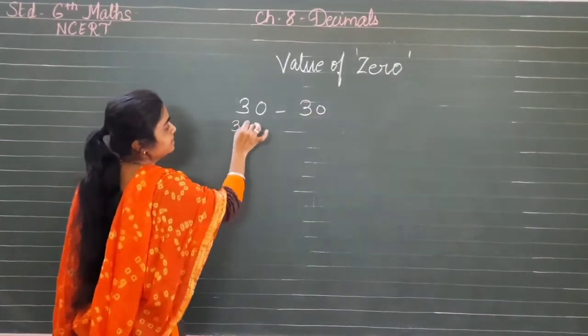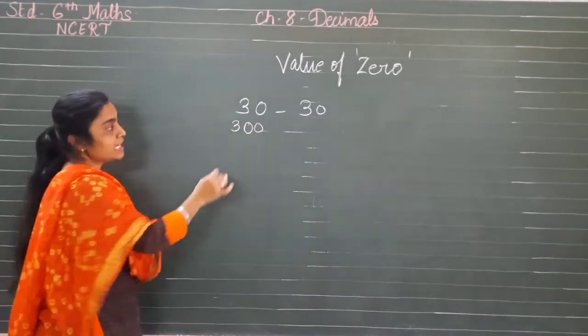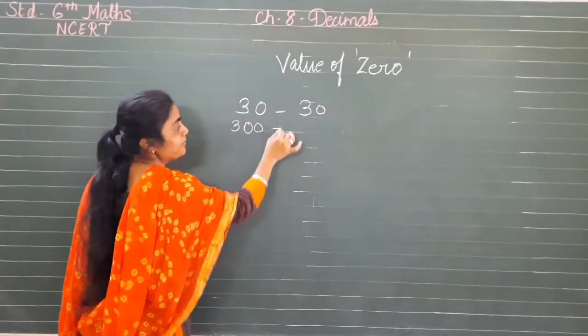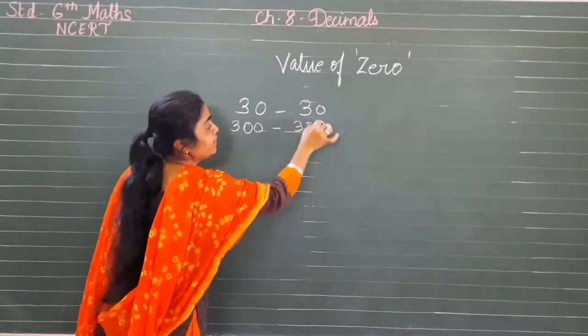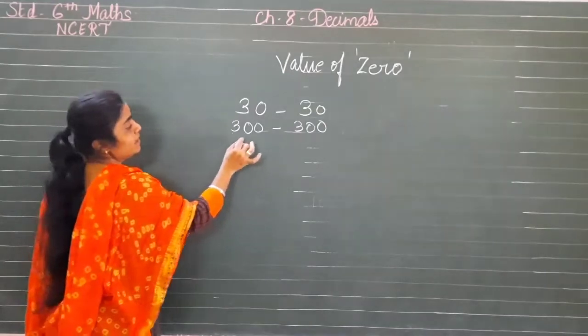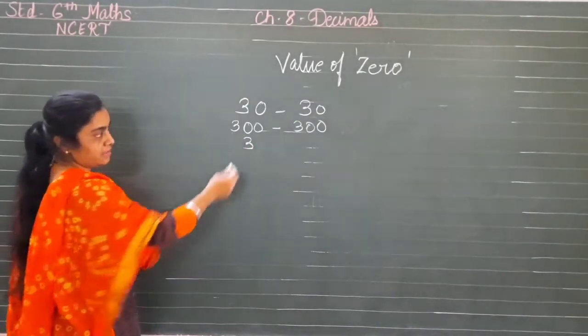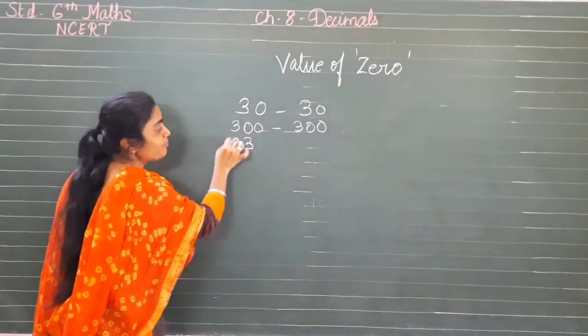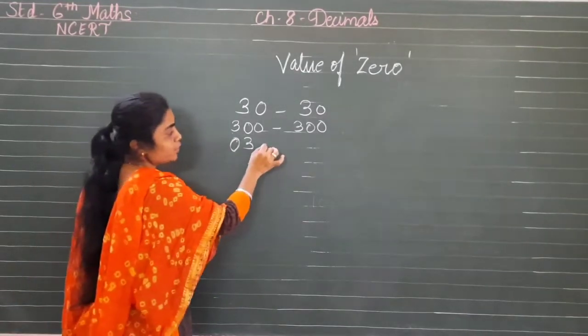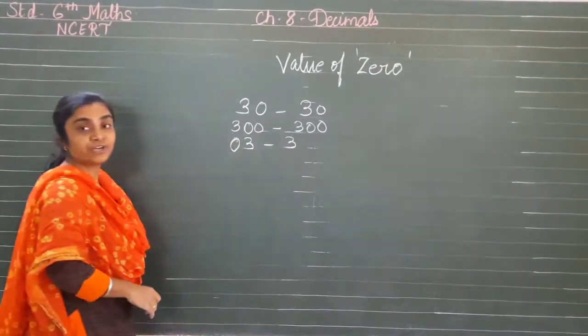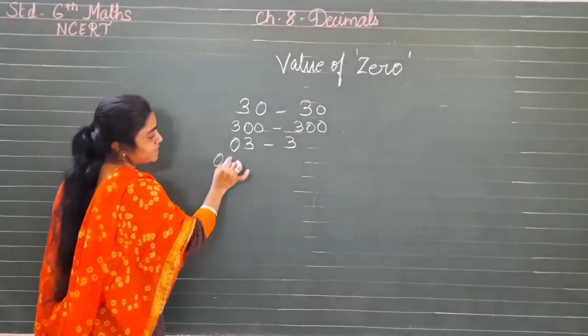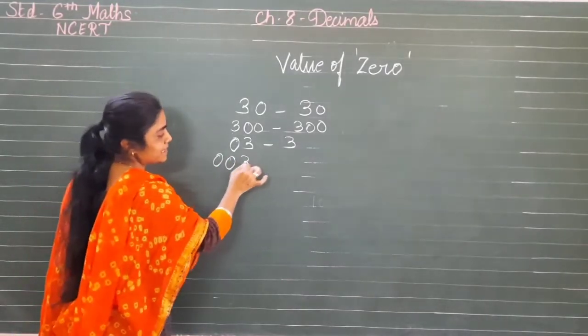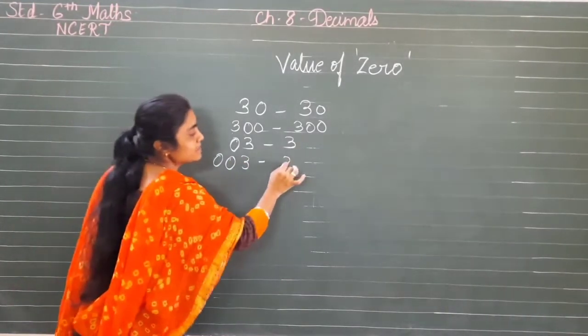If I write 2 zeros, that means after a digit on the right hand side, it will become 300. But if the digit is 3 and I write 0 before 3, this 03 is written as 3 only. Suppose I write 2 zeros and then 3, again it will be called 3.